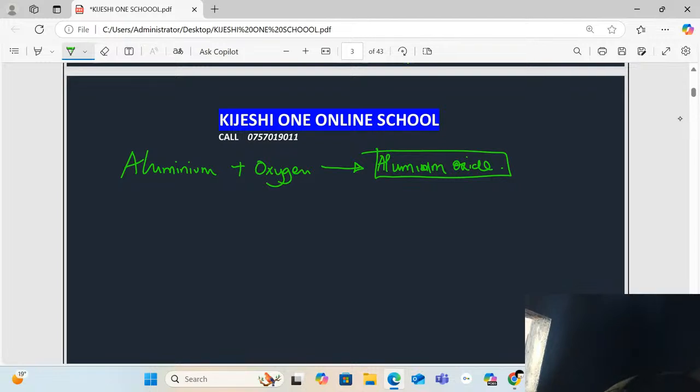Therefore, it will be aluminium ion or cation, which is written as this, combining with the oxide ion like this, so that we can get aluminium oxide, which is written like this.